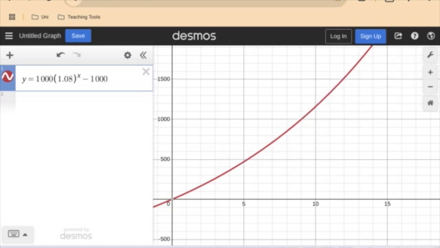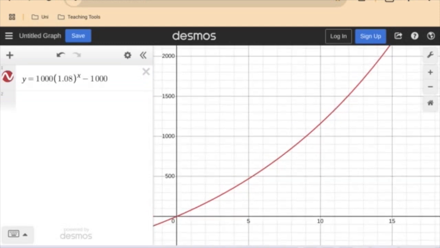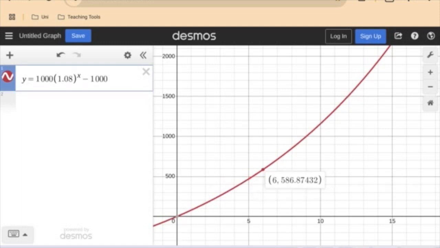It's not as quick of a rate as with some other exponentials we've looked at, but you can see that here, if I go across to different values of n, for example 6, I get 586, because I've rounded this up, 586.87, which is the 587 we came up with earlier.